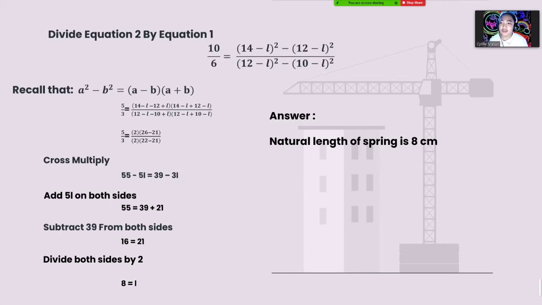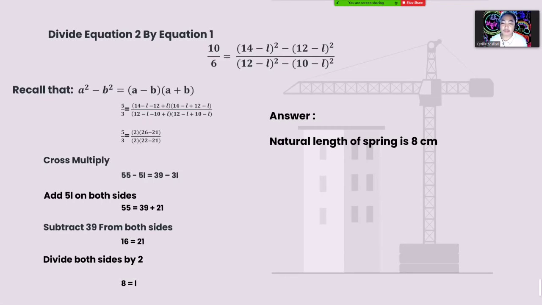Recall that a squared minus b squared equals (a minus b)(a plus b). So you can see the answer. Cross multiply: 5(5 minus 5L) is equal to 3(9 minus 3L).